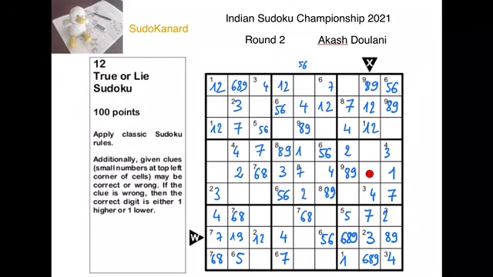And I still don't know where the 5 is, but this now can only be 6, 8, or 9. And I get a 3 up there. There's a 3 here. 5, 6, 7, 9, right.